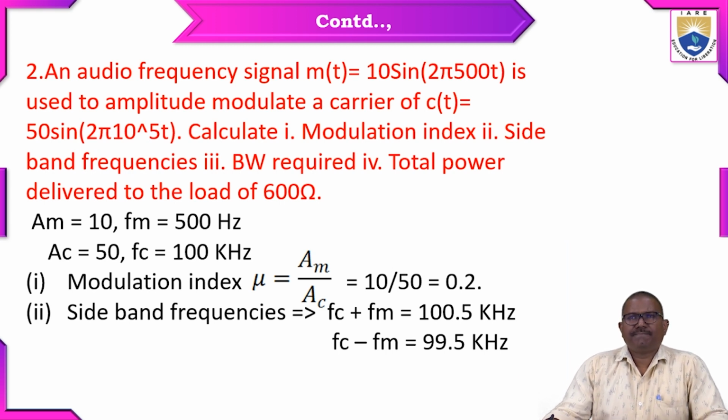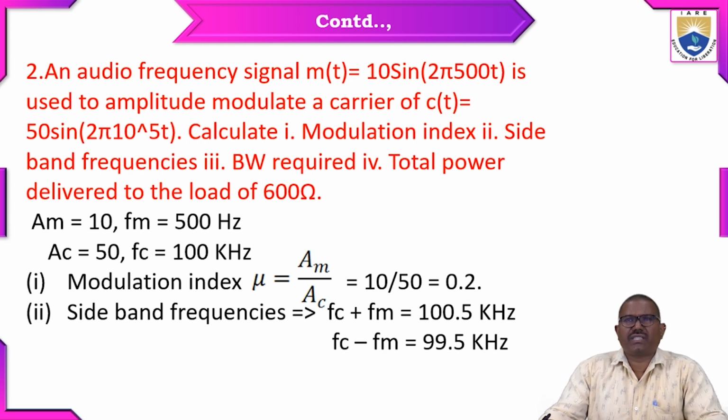Another problem: an audio signal m of t equal to 10 sine 2 pi 500t is used to amplitude modulate a carrier c of t equal to 50 sine 2 pi 10 power 5 t. Calculate modulation index, sideband frequencies, bandwidth required, and total power delivered to the 600 ohms.